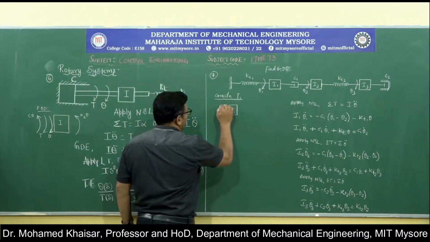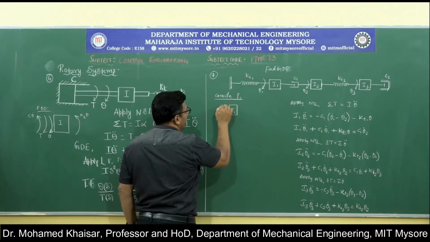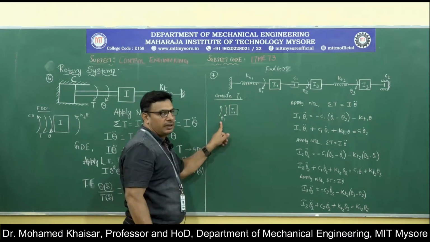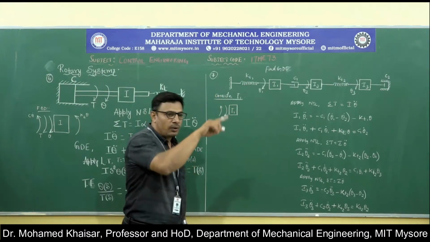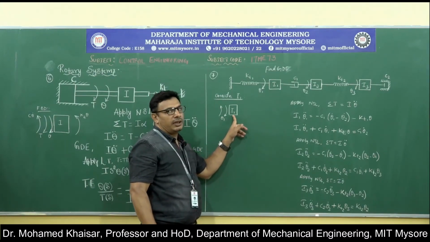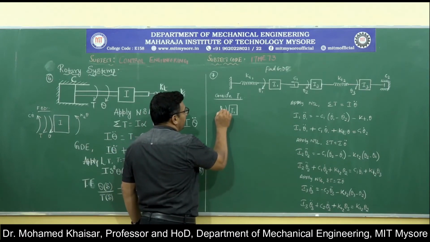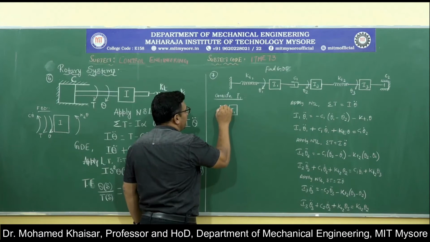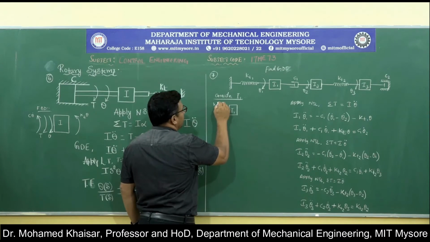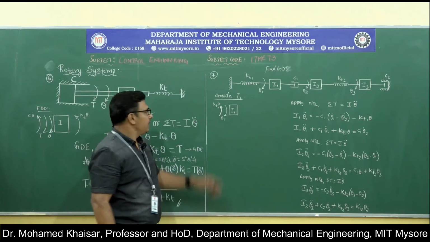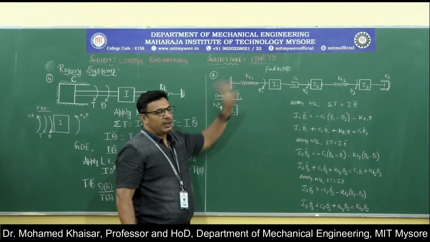Since the spring is on the left hand side, we will write it on the left hand side, but in the opposite direction to theta 1. Why? Because this spring is trying to resist the rotary motion of the body by an angle theta 1. So the spring offers the component in a direction opposite to theta 1: Kt1 into theta 1. This is the resisting component for I1 offered by Kt1.